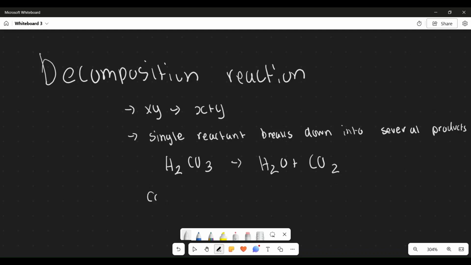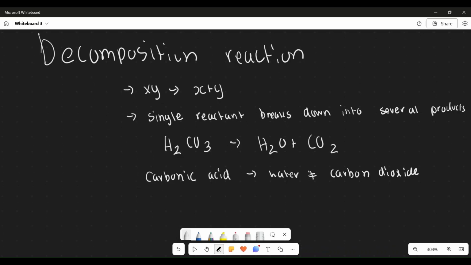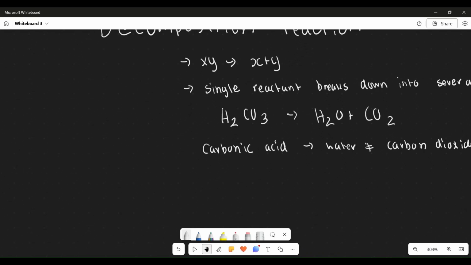This is carbonic acid equals water plus carbon dioxide. To be honest, this could have been an acid reaction, but it doesn't have a base, it doesn't have a metal, and it doesn't have a carbonate. So this isn't an acid reaction at all. Okay, we're going to move on.